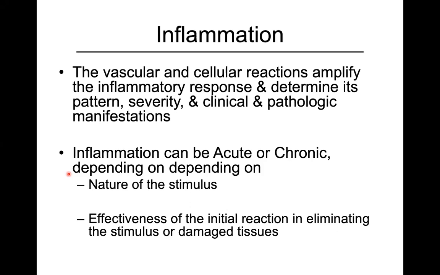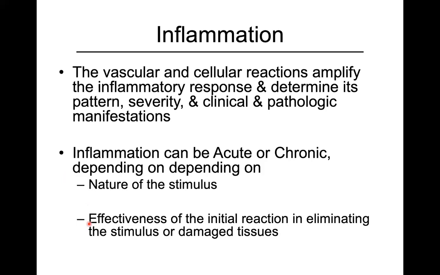Remember, your pathogens also have ways of evading the immune response. So when they evade the immune response, they'll persist for longer, and an acute inflammatory response really will not be able to get rid of the pathogen. So they tend to induce a chronic inflammatory response, and we'll see the differences between these two. The second thing would be the persistence of the pathogen.